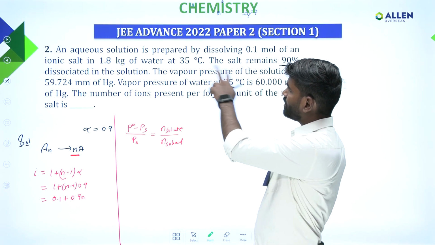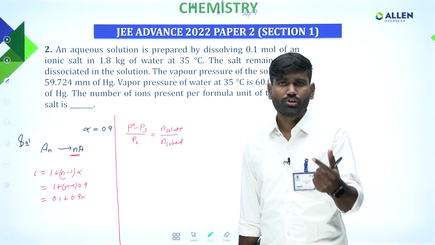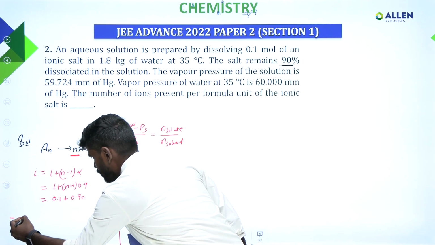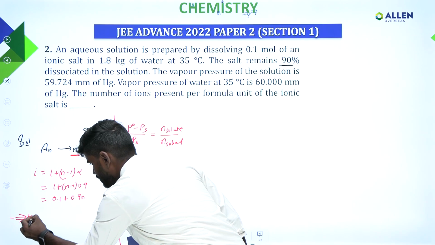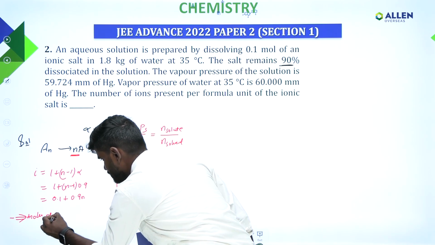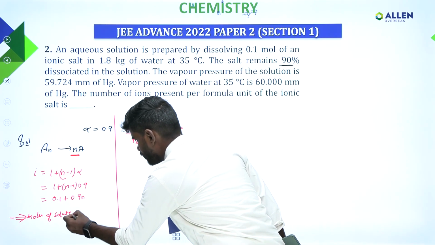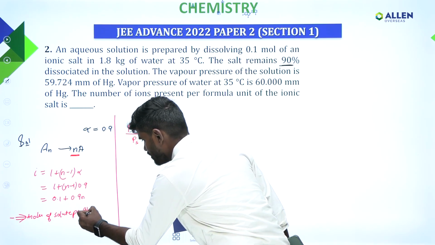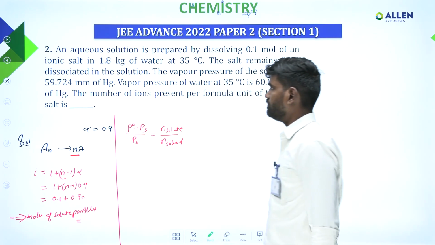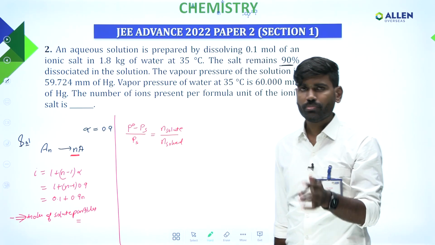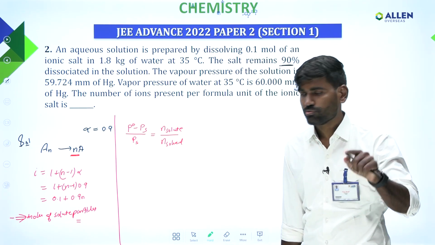From this, can I get the amount of solute particles? Yes, I can get the moles of solute particles which are non-volatile. That will be equal to the 0.1 mole that has been given, but since it is dissociating, it needs to be multiplied with i.